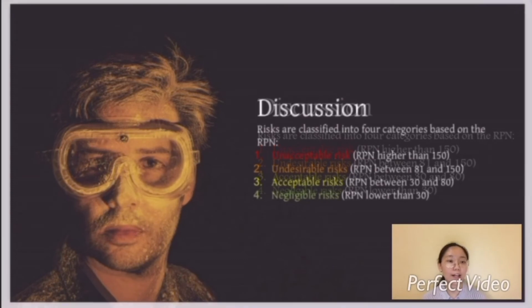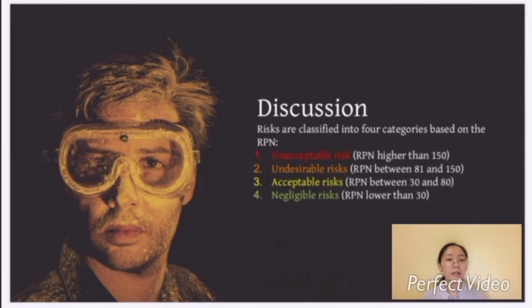And after it is all done, maybe now you're wondering, what is the difference between those colors that are so colorful? There is red, orange, yellow, and green. So let me tell you. The red color is for unacceptable risk, where the RPN is higher than 150.